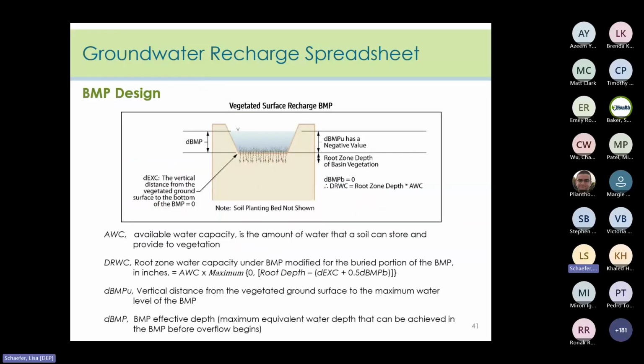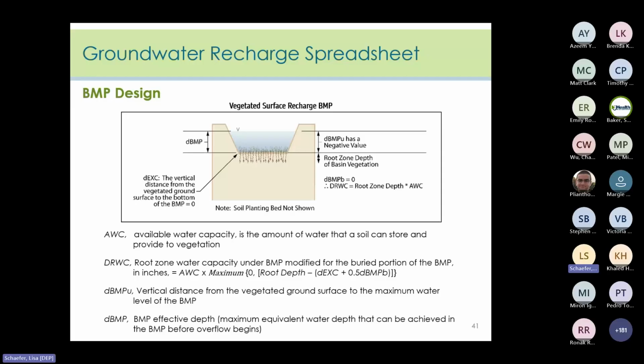This is an example of a BMP that has a vegetated bottom, which represents recharged BMPs like bioretention basins. The parameter dBMPU is the depth to the upper level in the BMP. In plain language, it's the vertical distance from the vegetated ground surface to the maximum water surface level in the BMP. If the vegetated ground surface is below the water surface, the value is negative, like in the figure shown here.